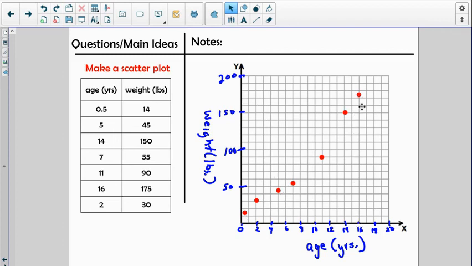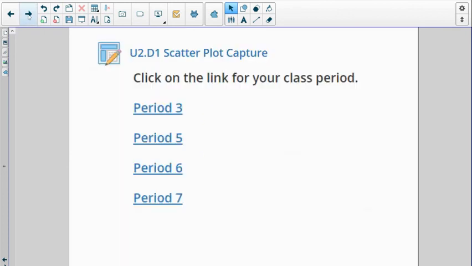Could a 16-year-old, so a 10th grader, weigh 175 pounds? Absolutely. Could a 2-year-old weigh 30 pounds? Absolutely. So maybe this is data from humans. I don't know. So that's how you make a scatterplot if you ever have to do it on your own.